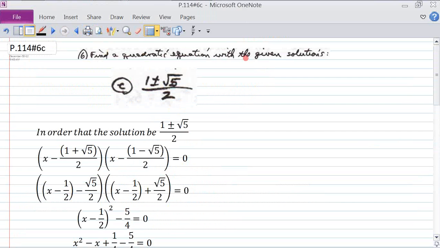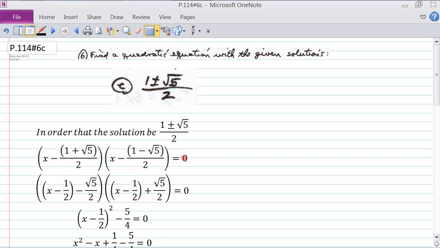Okay, find a quadratic with the given solution. So here we have to come out with a (1 plus root 5)/2 solution and (1 minus root 5)/2 solution. So what we're going to do is put x and x here, and then we're going to put the positive solution over here and the negative solution over here.